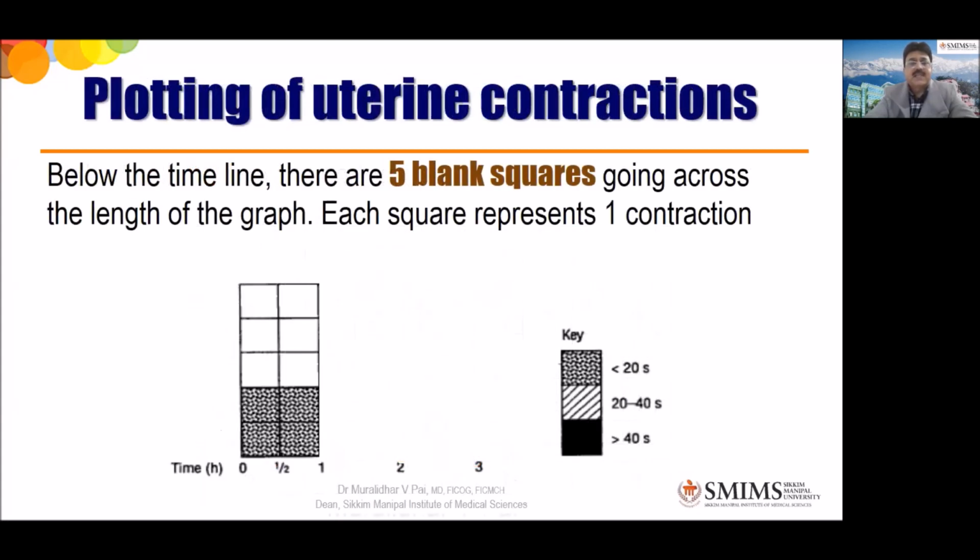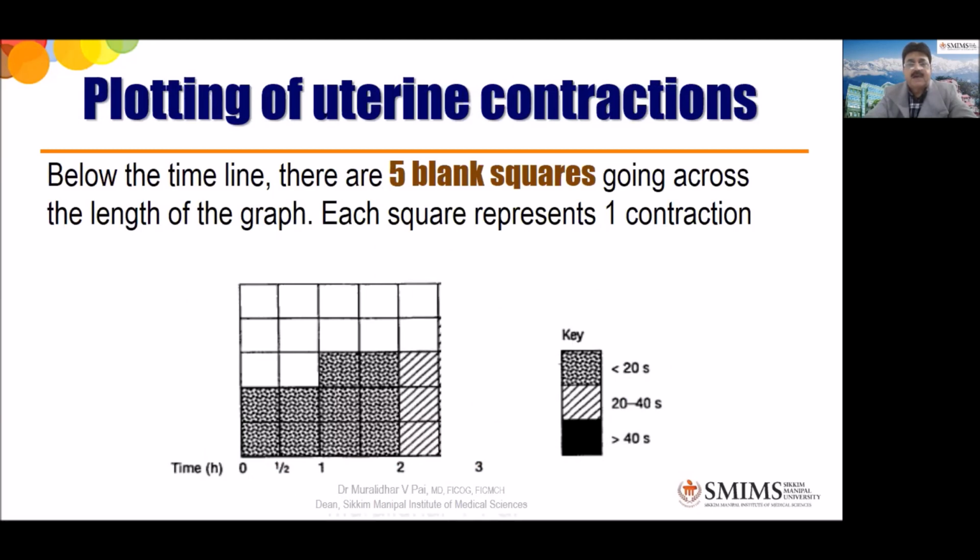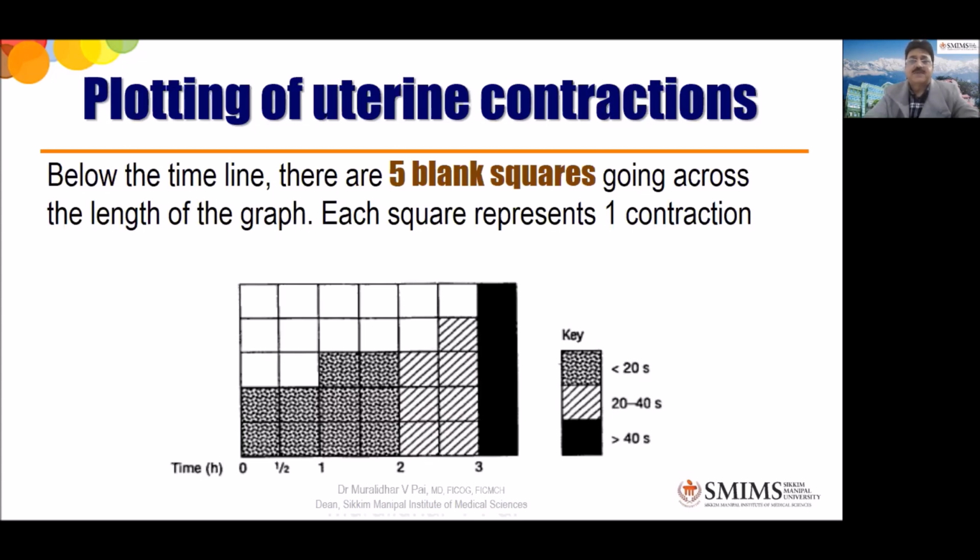As far as the uterine contraction is concerned, if the contractions are minimal, less than 20 seconds, this is how you plot. Then you can plot if there are 20 to 40 seconds, but the duration is also noted here. And finally, she has got more than 40 seconds and lasting for at least, 5 boxes can be ticked. So this is how you plot the contractions.